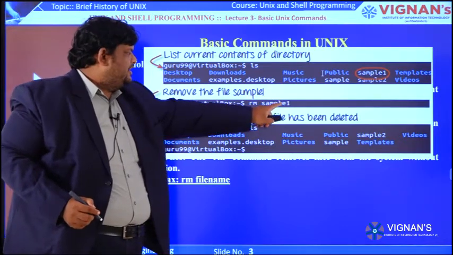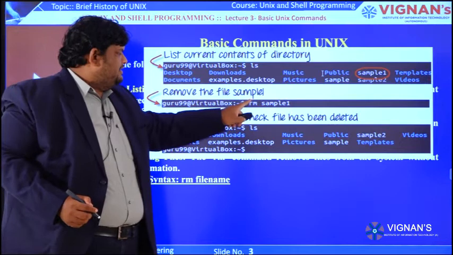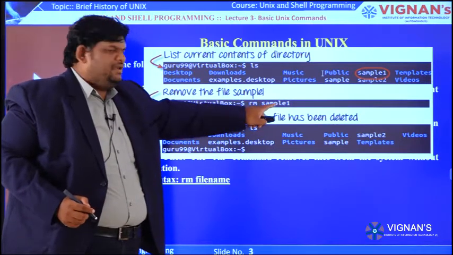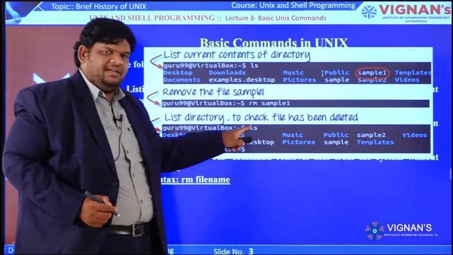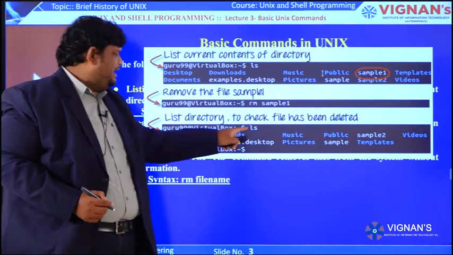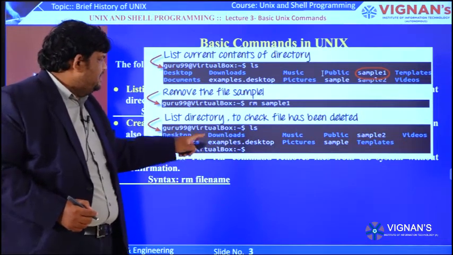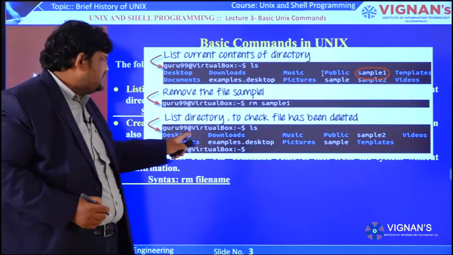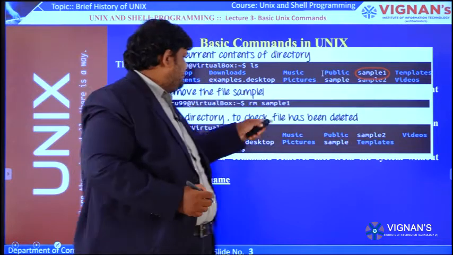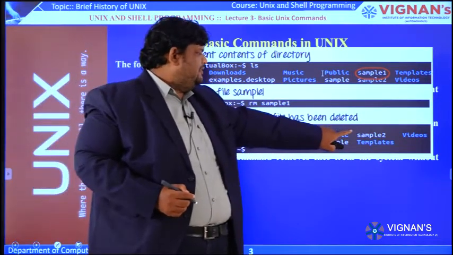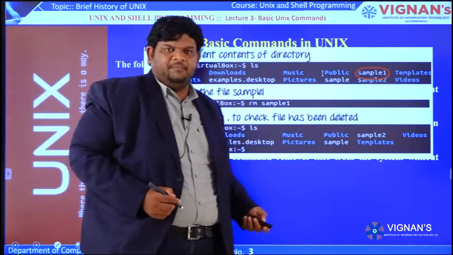After execution of this, what happens? This command will remove the sample1 file. Again we have to check. Again we type the ls command, that is listing. Again it gives the entire list from that directory. If you observe here, there is no sample1. Now the next file name is there. That means sample1 is already removed.